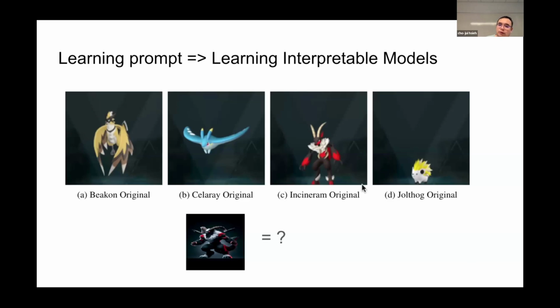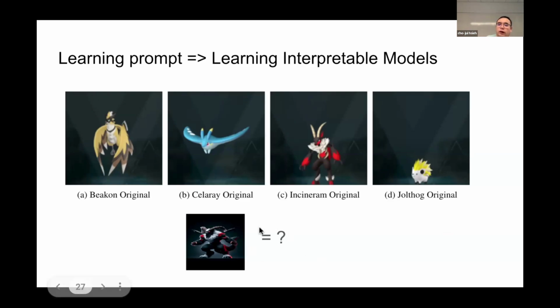And I'm using this Pokemon classification as an example. So for example, if my LLM doesn't know anything about this set of Pokemon species, and I'm given a few examples of Pokemon with their names. And when I see a new Pokemon, I want to predict what this picture is.